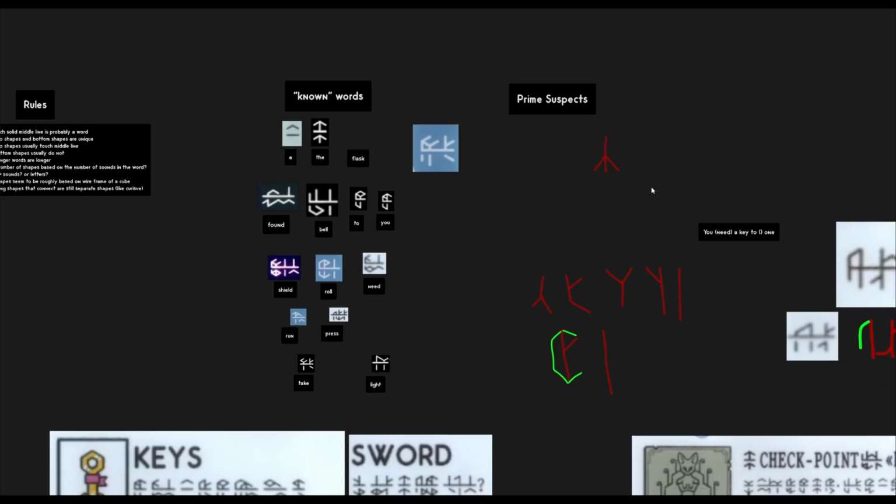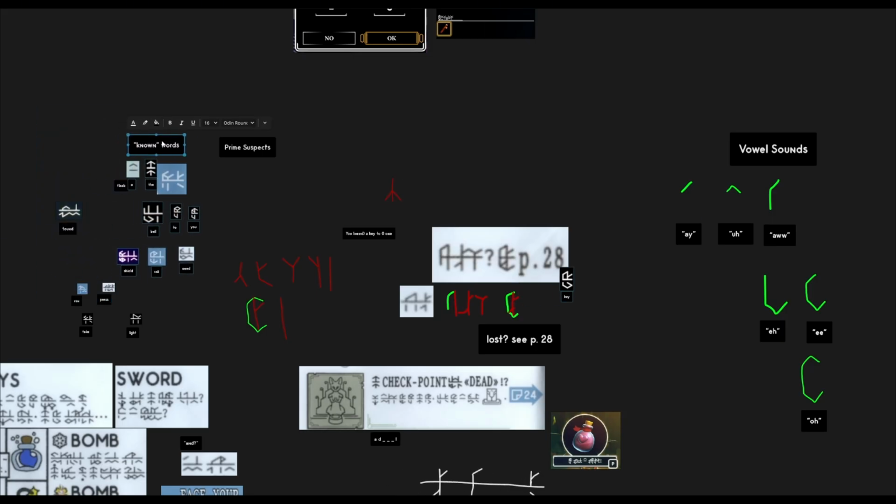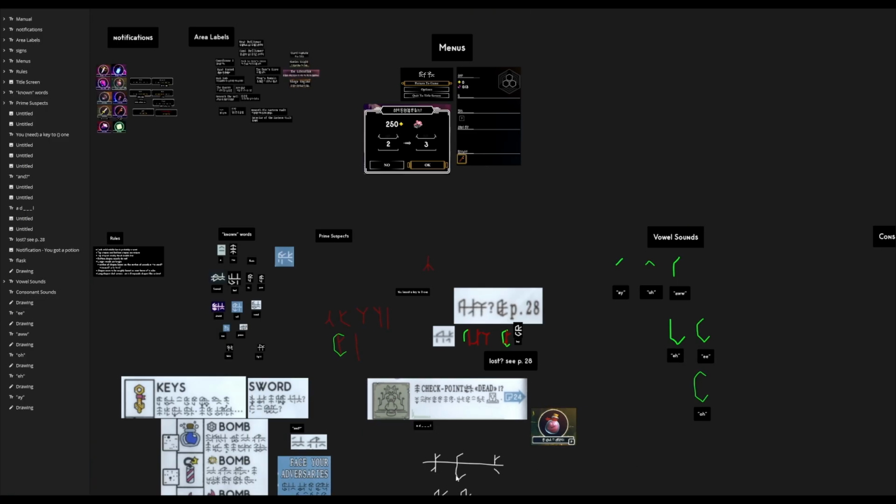I need to group a bunch of stuff under known words now. Welcome back to Organizer Simulator 2000 Hierarchy. Why is this drawing not just free out in the world?